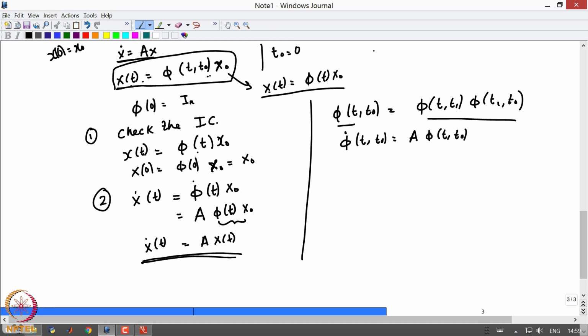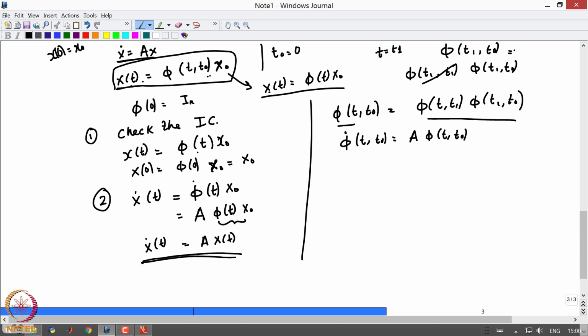So, let me check at, say, t equal to t1. At t equal to t1, on the left hand side I have phi t1 comma t naught, on the right hand side what I have is phi t1 comma t1 phi t1 comma t naught. Now, what is phi t1 t1? This is the identity, and therefore, they both agree at point t1.